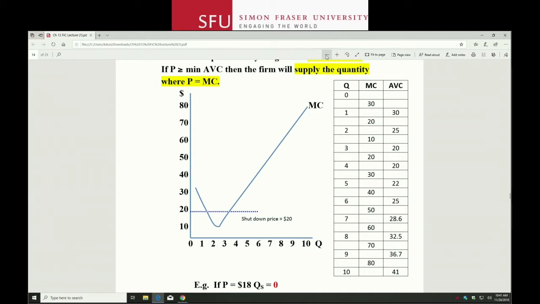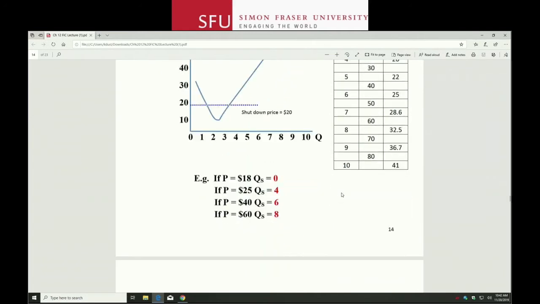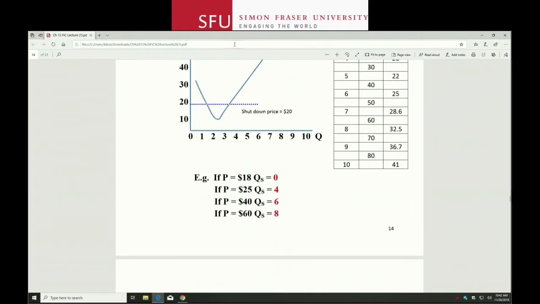So they would produce all the way up to the second equilibrium. So $25 is there at 4, in between there. Next one at 40, that would be 6. And then at $60, the quantity would be 8.